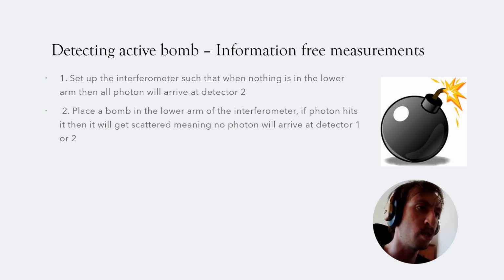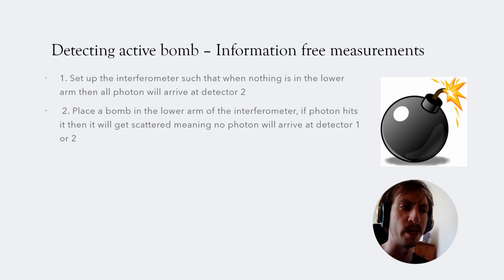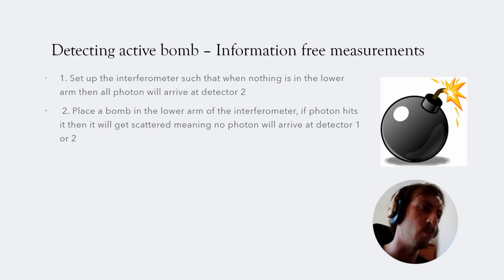It would just leave our interferometer altogether. There's a very high chance, so essentially almost certain, that our photon will never arrive at detector 1 or detector 2.